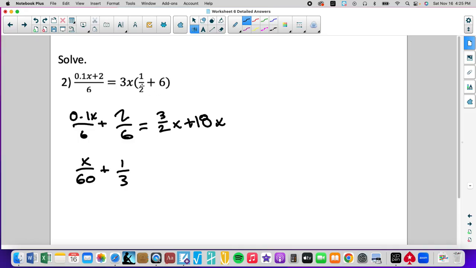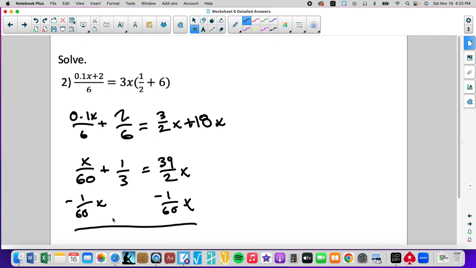I guess we could have combined those. We could have added those first. It's kind of bad. So that's technically equal to 36 over 2, so 39 over 2x. Let's subtract 1 over 60x from both sides.